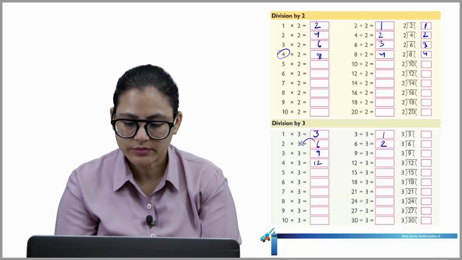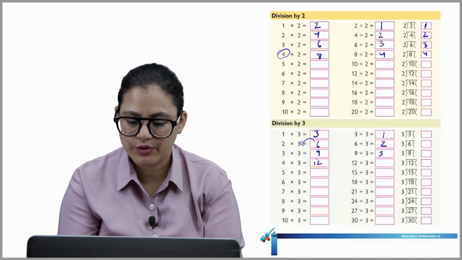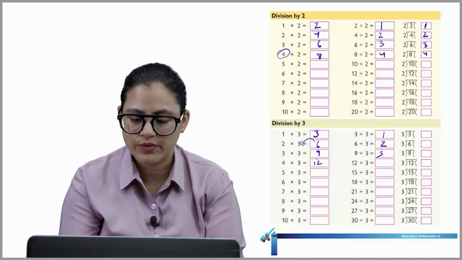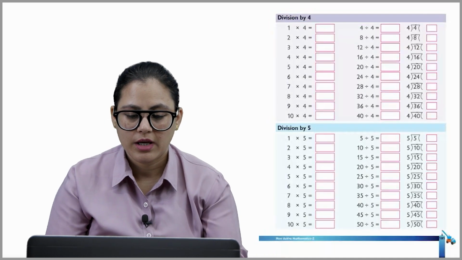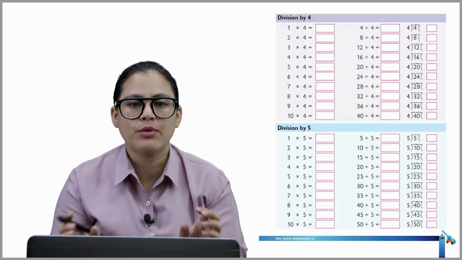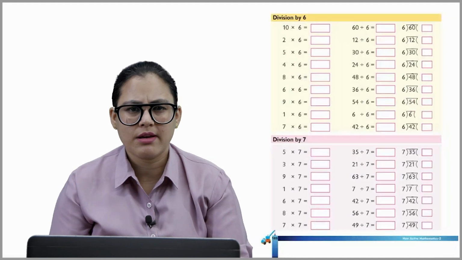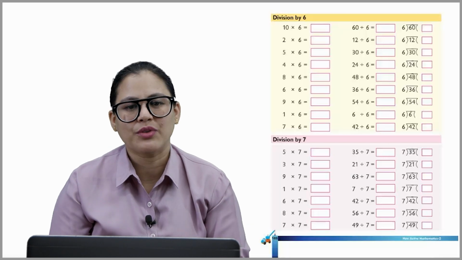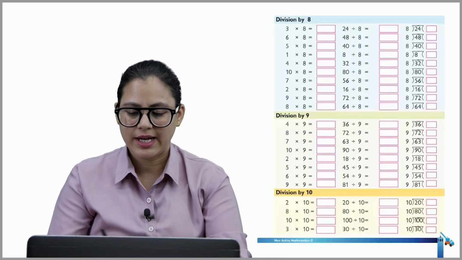If you divide 9 by 3, you will get 3, and if you divide 12 by 3, you will get 4. Division by 4, division by 5, the same rule applies here also. Similarly, division by 6, division by 7, you will do the same thing, up to division by 10.